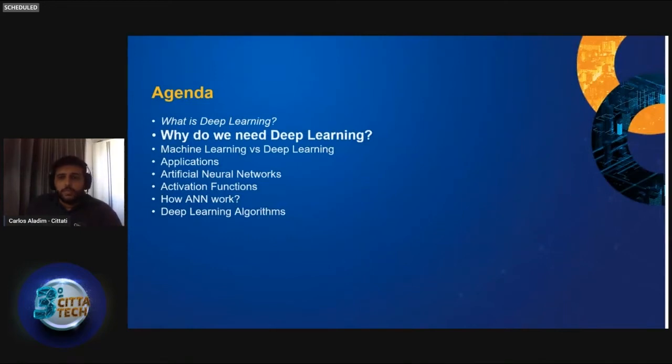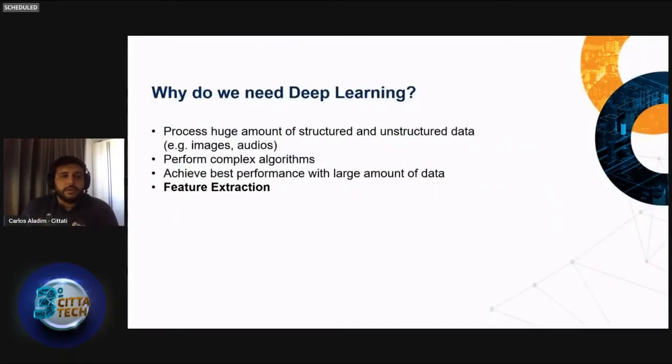So why do we need deep learning? When you have a huge amount of data with structured and unstructured stuff like images or audio, it's hard for people to, for example, extract the characteristics of a cat and say that a cat is a cat given an image.